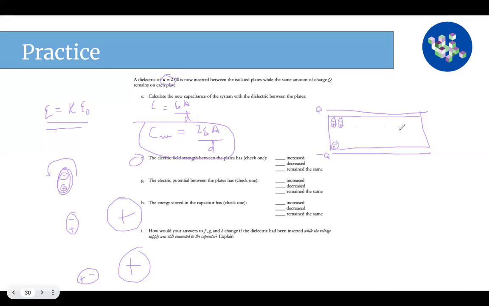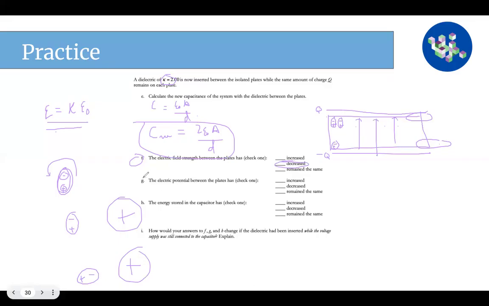You can see that the positive charges are more towards the bottom and the negative charges more towards the top. And that creates an electric field this way within the two plates, which weakens the electric field between the plates. So the answer to that part would be that the electric field decreases.